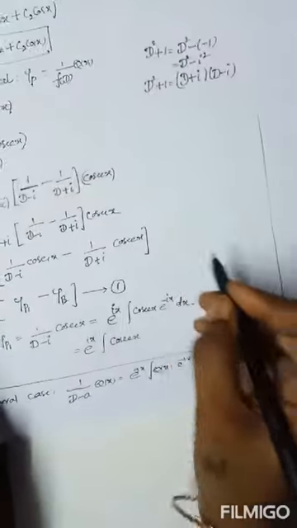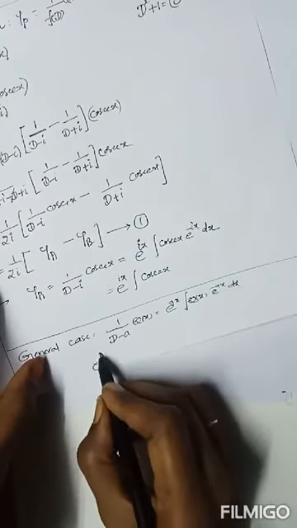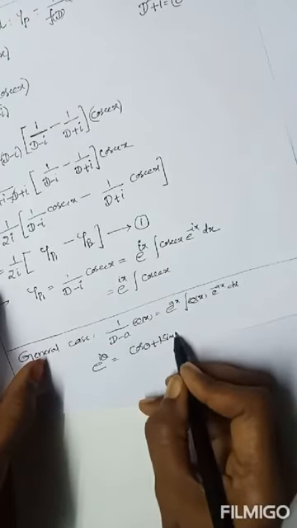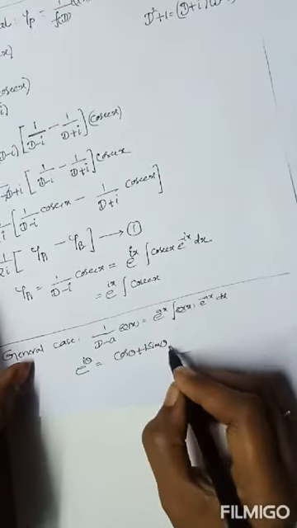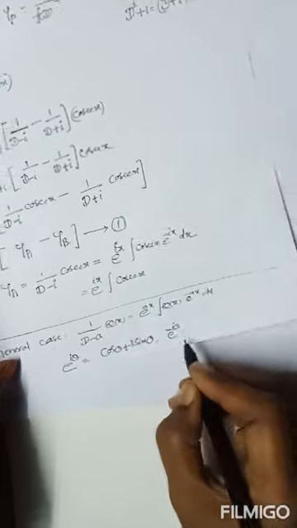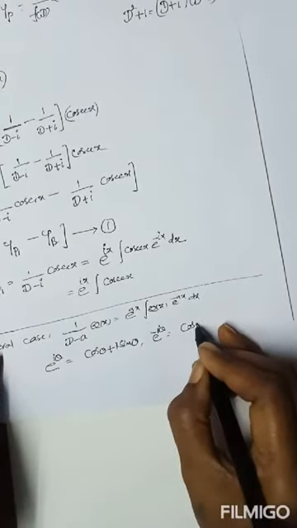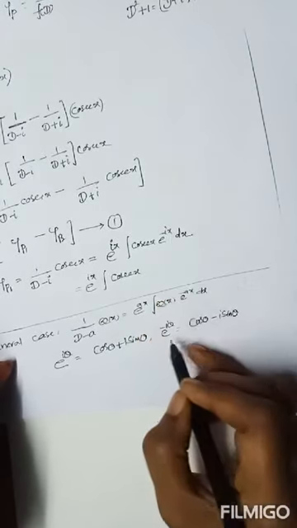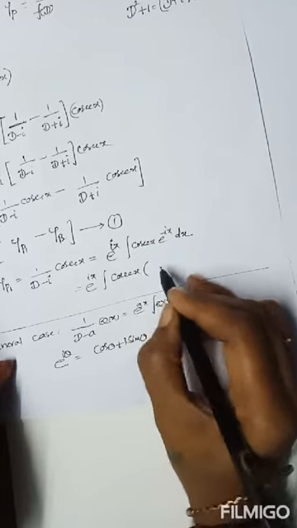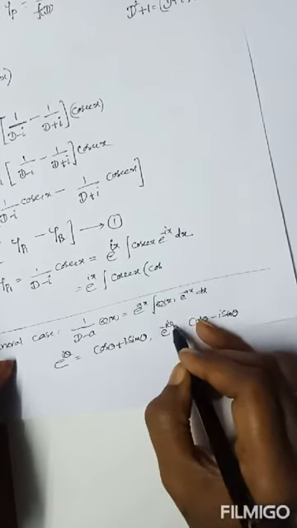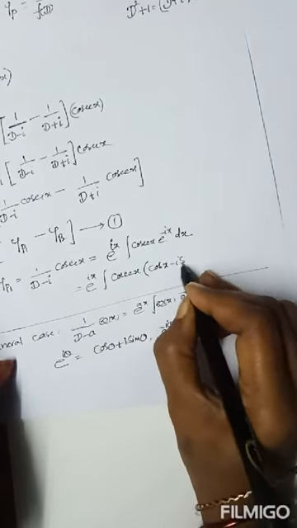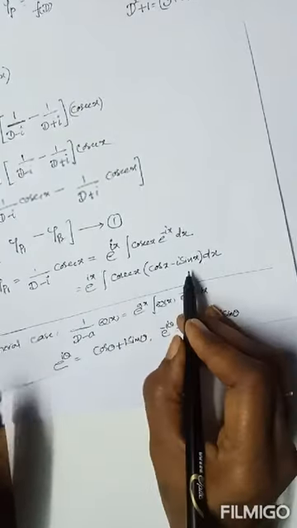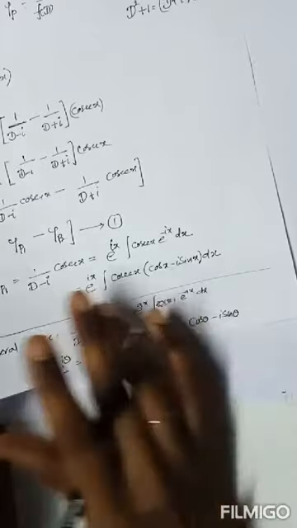Original form e power i theta can be written as cos theta plus i sin theta. Also e power minus i theta can be written as cos theta minus i sin theta. As per this, e power minus ix is written as cos x minus i sin x, into dx. Now this is a purely integral problem. Enter cosecant x into the bracket.